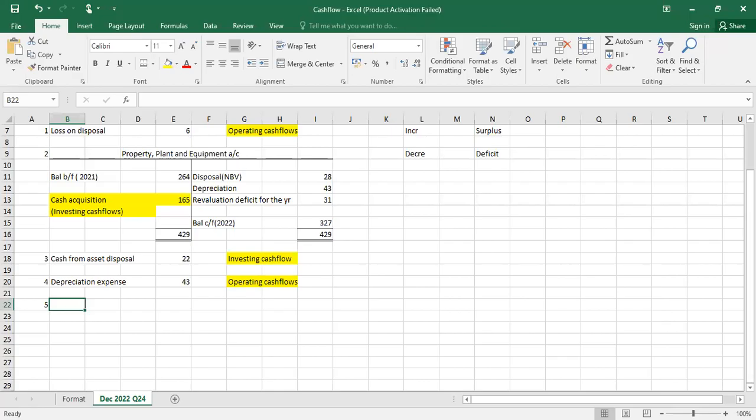Under the non-current liabilities, we have 10% convertible loan stock. At the start of the year, we had 150. At the end of the year, we have 100 million. Note that we have a decrease, and that decrease is by 50 million. The decrease of 50 million is what is being talked about in that note number 3.